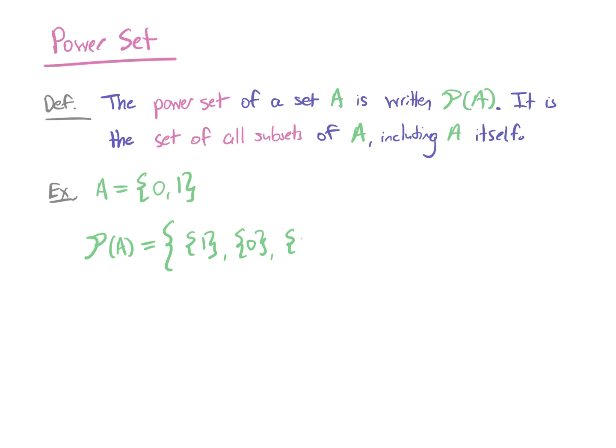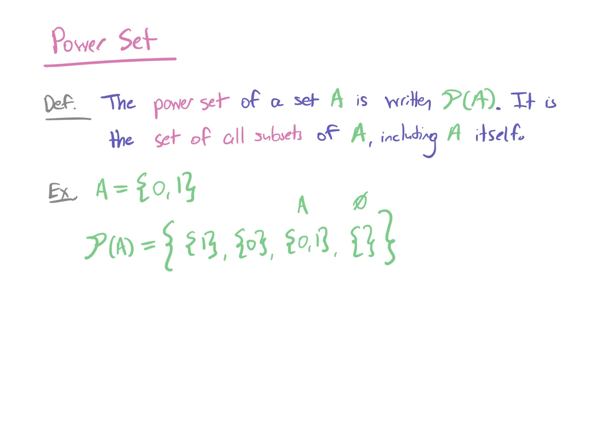So that's the set {0, 1}. And that's the set A. And then the final set, easy to forget, is the empty set, the set containing no elements at all. And that's the set that we denote with the circle with a slash through it. And all of this is inside a set.